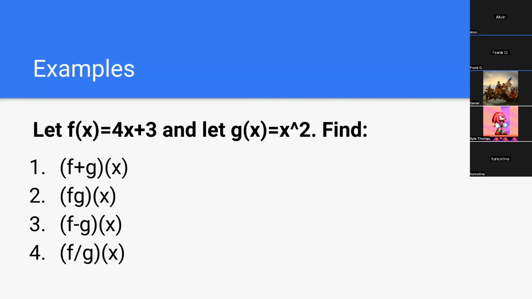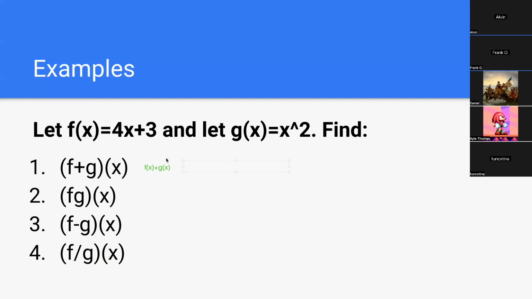All right, so I will show you guys these. We have let f of x equal 4x plus 3 and let g of x equal x squared. Find f plus g of x. Since we know what these 2 functions equal, we can rewrite. f plus g of x is equal to f of x plus g of x.